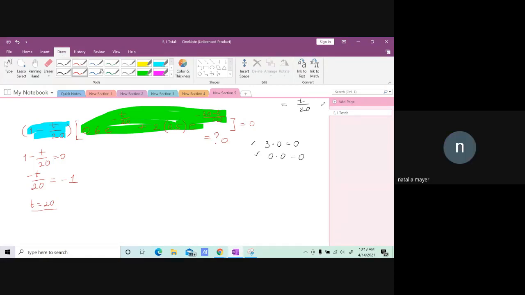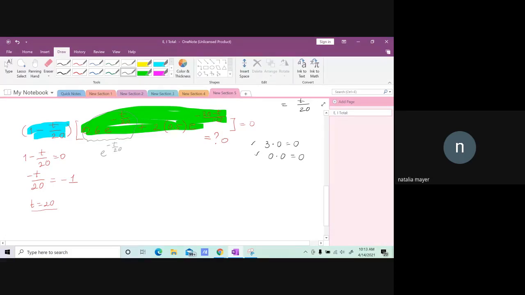Okay, there is another way to think about it. What can you say about the output of this? Is it positive, negative, or 0? You can say for sure whether it's positive, negative, or 0. 0.6 is positive. Yes, it's positive. What about e to the power of negative t over 20?